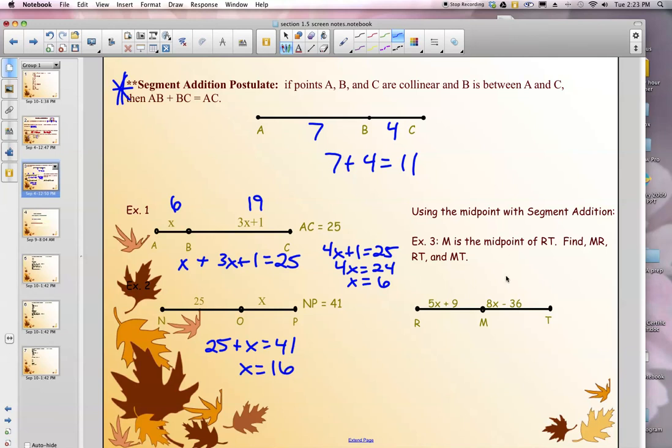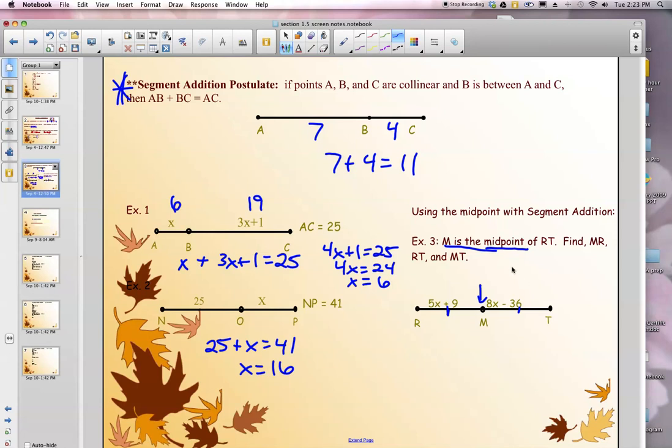Another way that we can use what we've learned in this section in particular is that now we can also use midpoint. If I know that the point is the point in the very middle of the segment, okay, here we didn't know that B was in the middle, or that O was in the middle. But if we are told that the point is in the very middle, then we can go back to that definition of midpoint that we talked about, and we know that this segment is congruent to this segment.